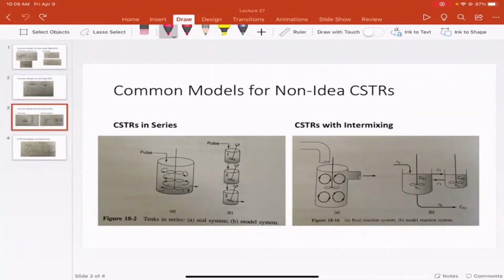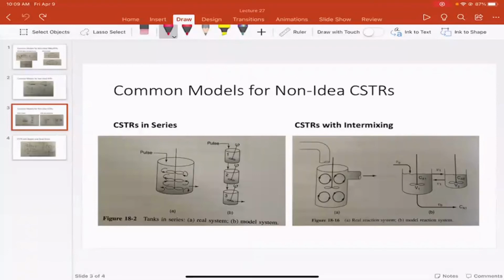So instead of solving the problem as just one CSTR, well, maybe you just model it this way, that you have just three, in this case, because you have three impellers or three regions, you might be able to solve the problem as three CSTRs in series, which we've actually solved that problem in class.